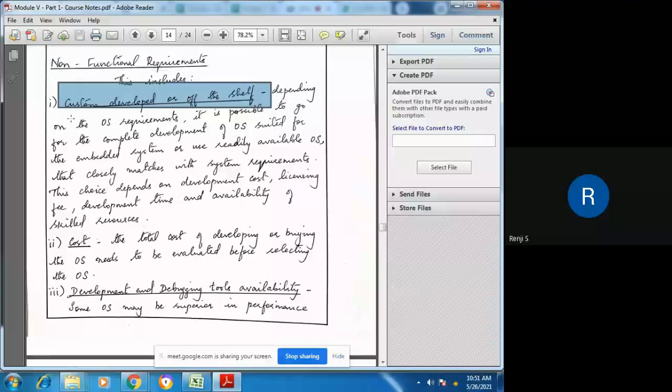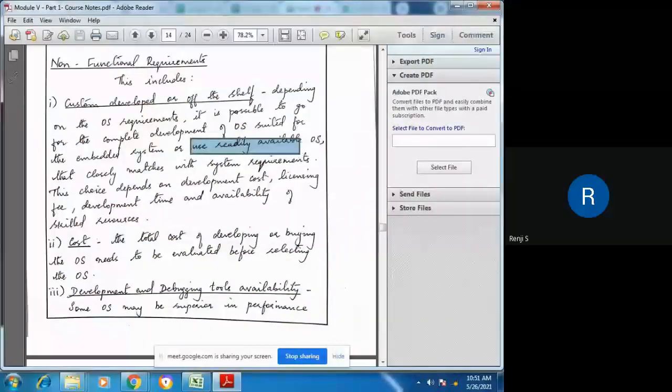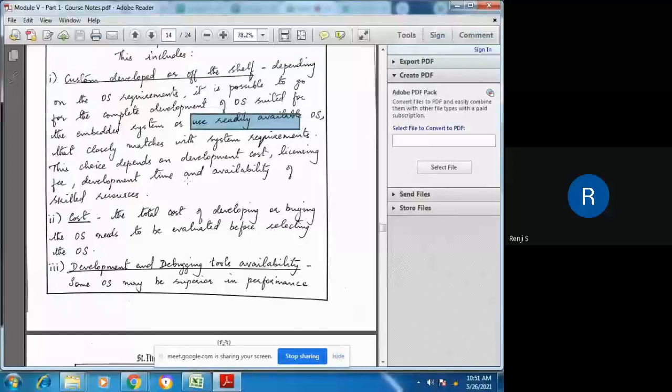Depending on the OS requirement, it is possible to go for the complete development of an OS suited for the embedded application, or we must check whether the components are readily available. If the readily available components match the system requirements, we can easily purchase them from the market. Otherwise, we will have to develop the components.